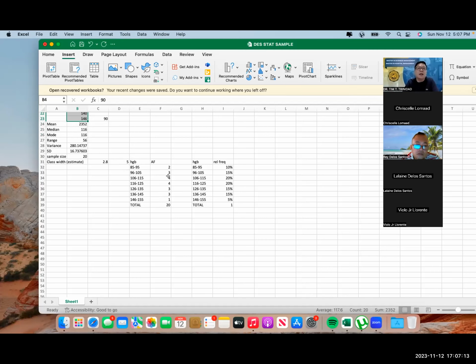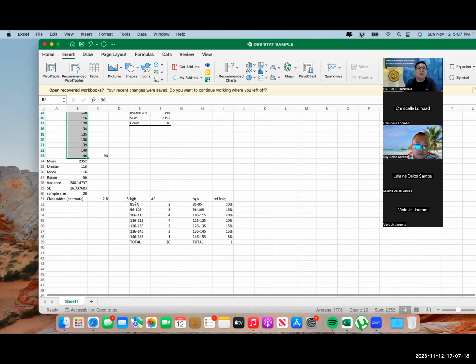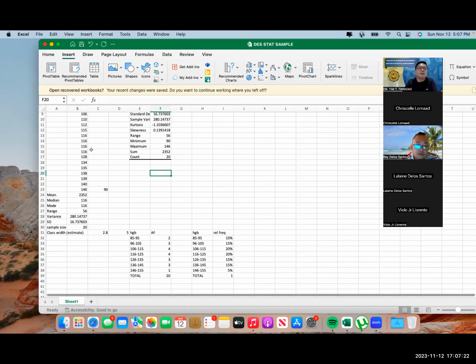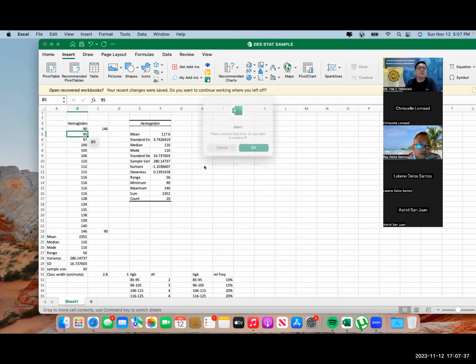Then you go back to your data. How many are within 85 to 95? From 90 to 95, there are two.